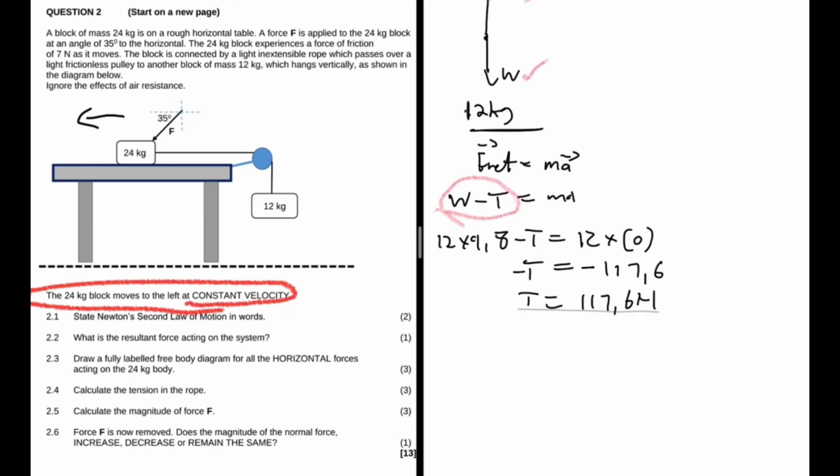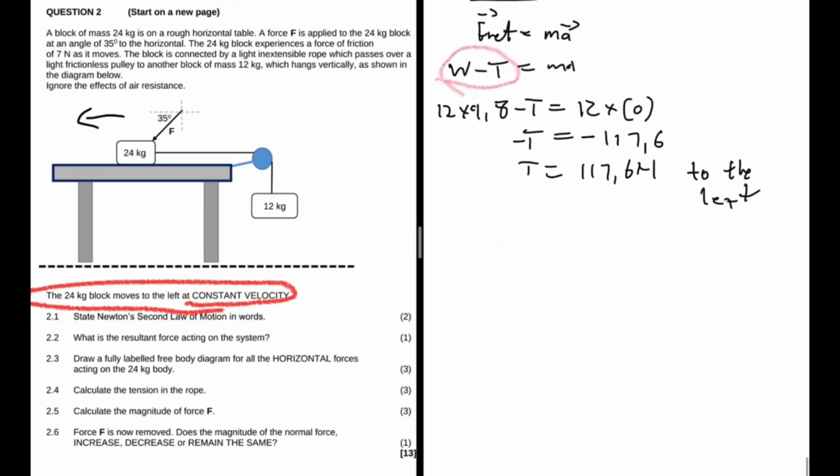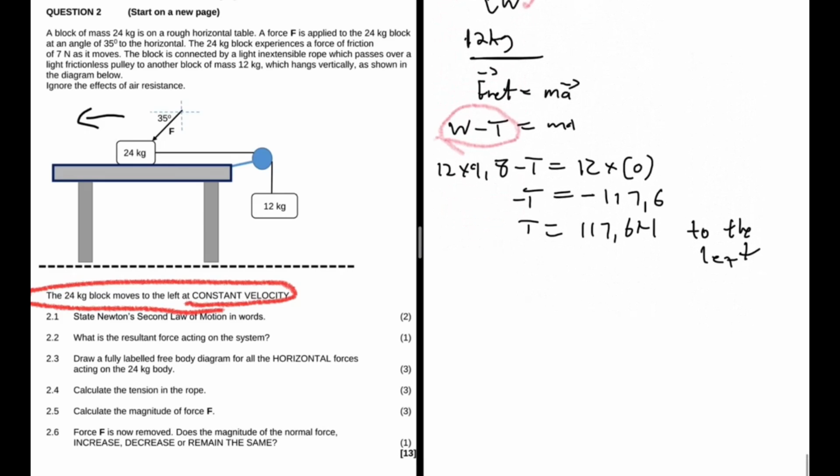It says let's calculate the tension, right? So we can put a direction here. For the 12 kg block, it will be to the left, right? And then for the 24 kg block, it will be to the right. Yeah. So let's do 2.5.